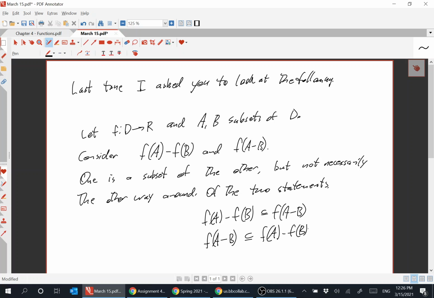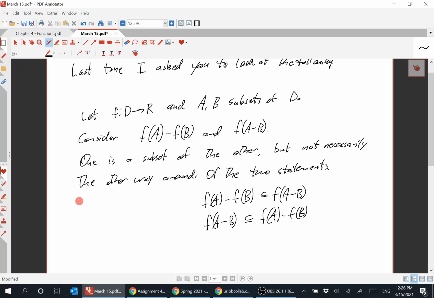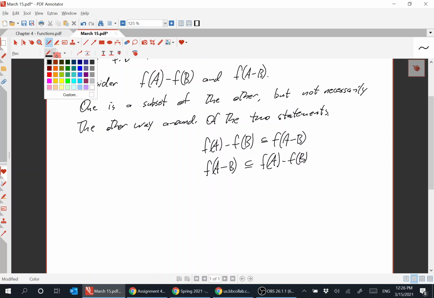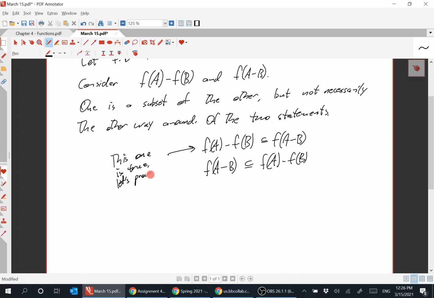The second case is the false one. The first case was true. So prove the one that's true. This one is true. Let's prove it. And this one is false. Let's provide a counterexample.